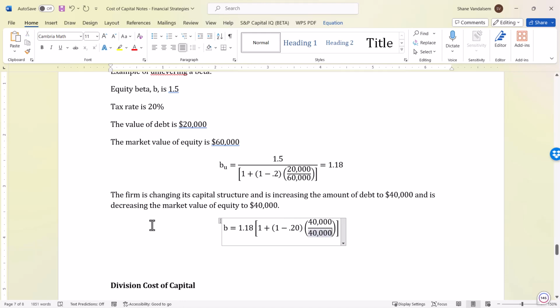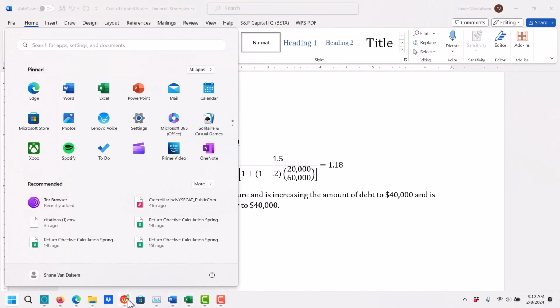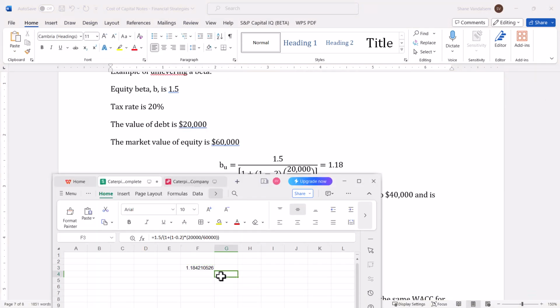So to break down this number a little bit for you, we have 1 plus 1 minus 0.2. So 1 minus 0.2 is 0.8. Multiplied by 1 is just 0.8. So this number in the bracket is going to be 1.8. So we're multiplying 1.18 by 1.8. And I'll go back out to the spreadsheet just to show you how that's done. So here's my unlevered beta of 1.1842.